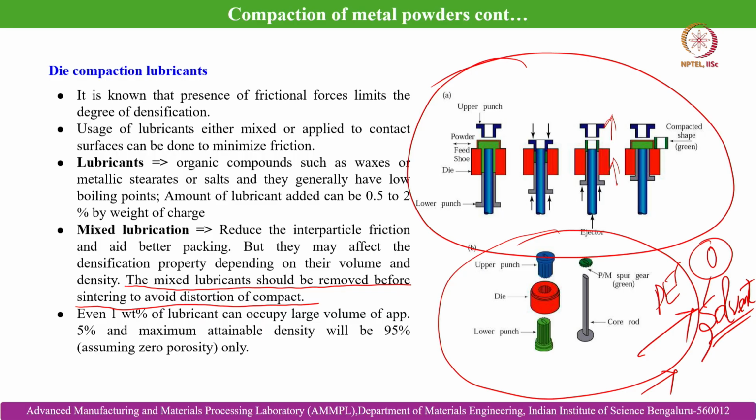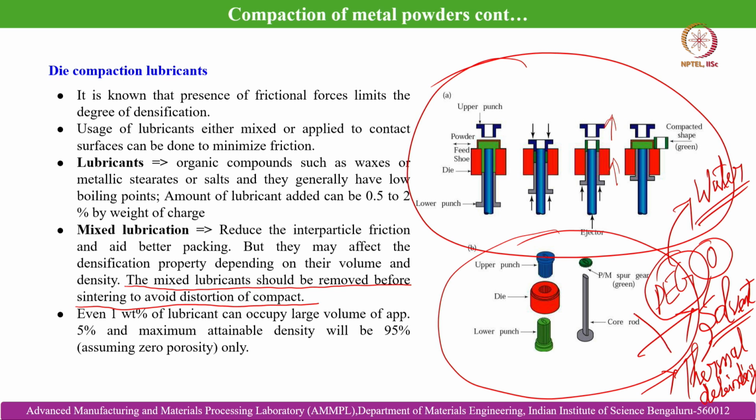Polyethylene glycol (PEG) is a particular organic polymer that can be removed by immersing the green compact in water. This is a typical example of water based solvent debinding. And post solvent debinding, it is thermal debinding, where the residual binders present within the green compact are completely removed.